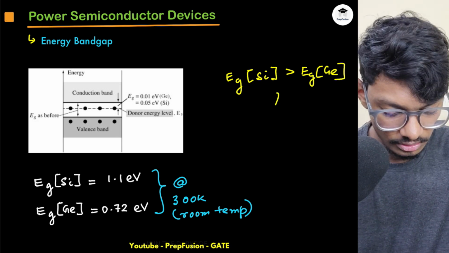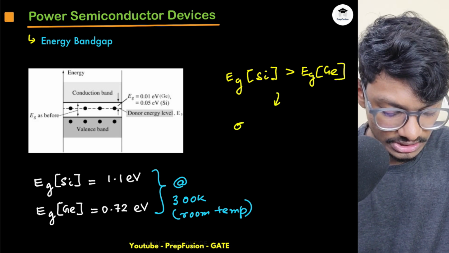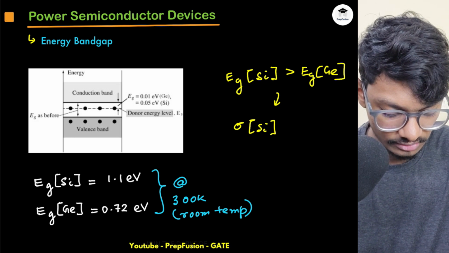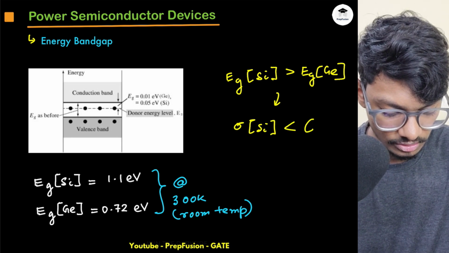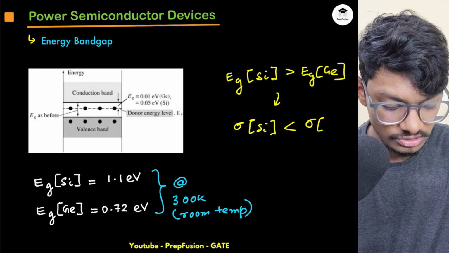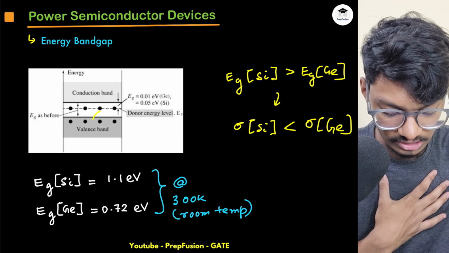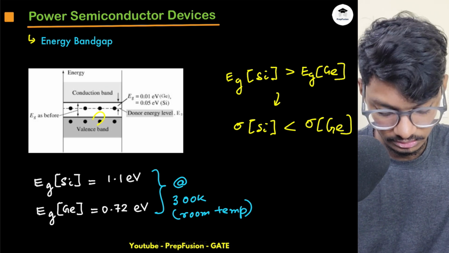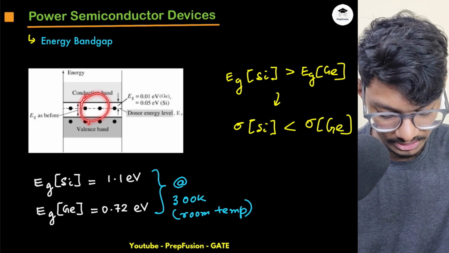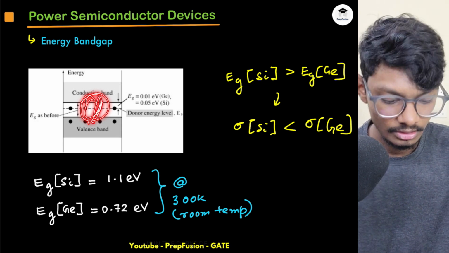If it is greater, basically the conductivity of silicon will be lower than the conductivity of germanium. Why? Because I need more energy to push electrons through this energy band gap into the conduction band.